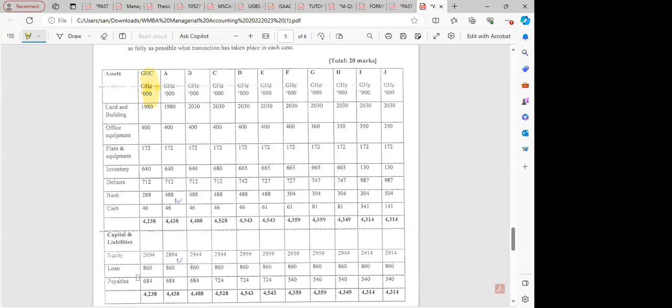With F, we now owe them 540. Meanwhile, our bank has also gone down by 184, right? What would happen for your bank account to reduce by 184, and those that you owe to reduce by 184? It may suggest that you have gone to pay them. So you've paid a check of 184 to payable.